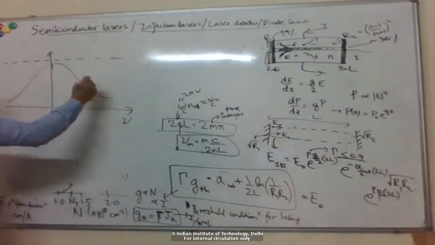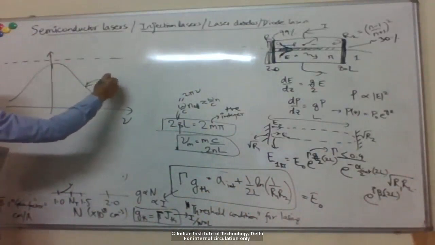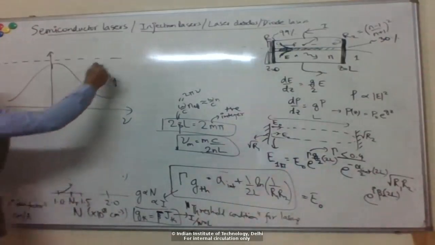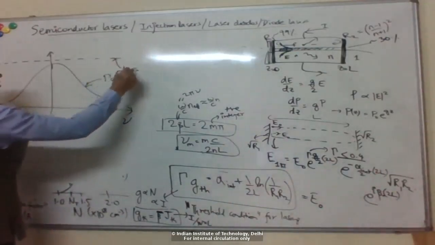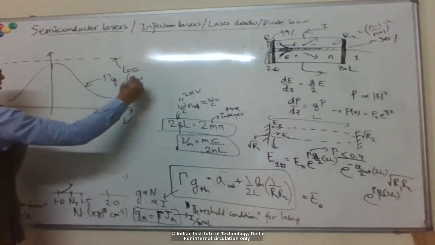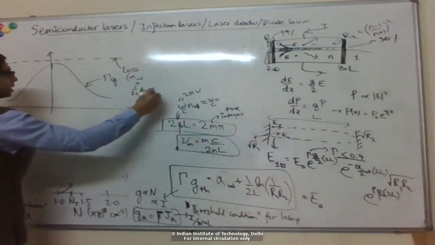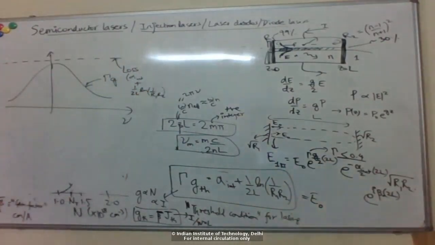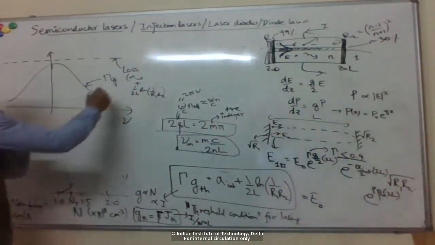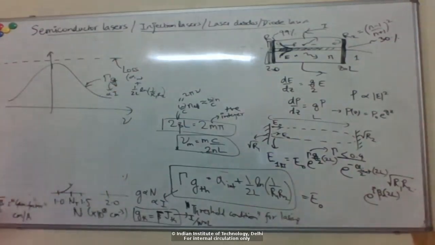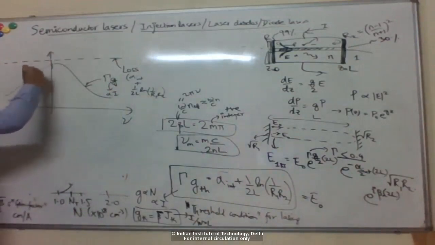So this is gamma times G, the gain factor normalized with the confinement factor, and this is the loss, alpha internal plus the mirror reflectivity term. Of course, this is now depending on the current. As I increase my current, this shifts up and up. At some point, the peak of this gain curve touches the loss.